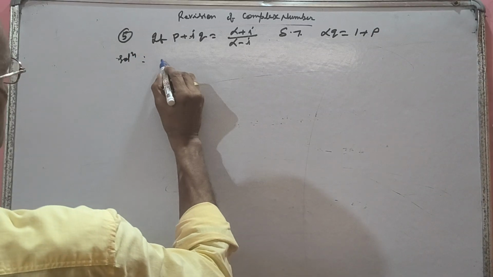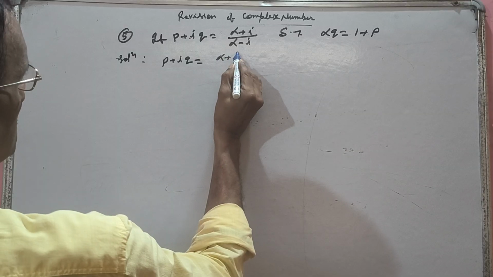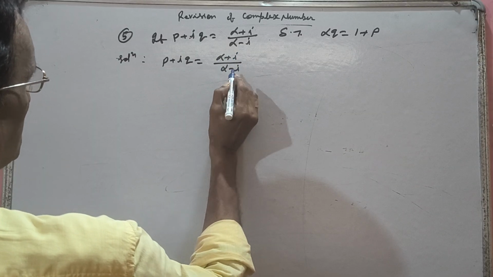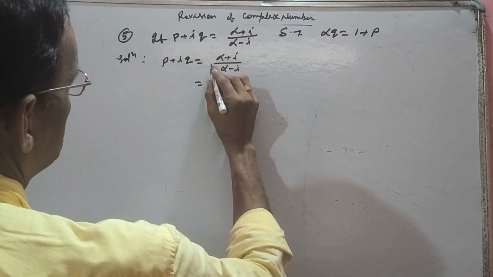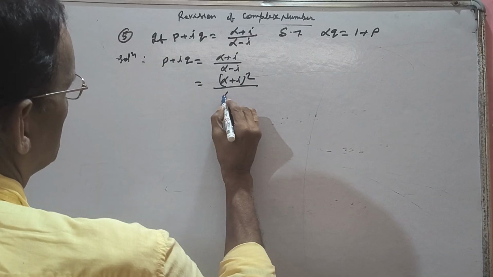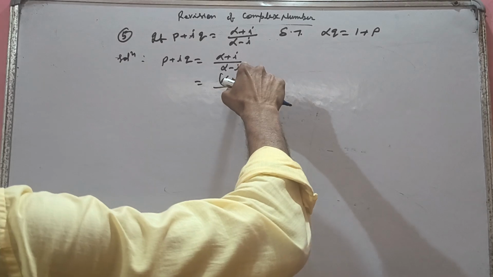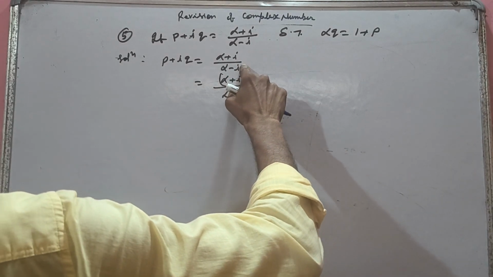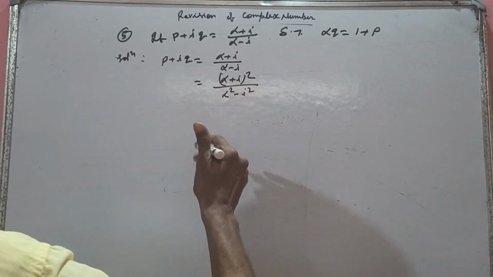What is given? P plus iQ equals (alpha plus i) by (alpha minus i). So just make the denominator real. Multiply both numerator and denominator by alpha plus i. Thus the numerator will be (alpha plus i) whole square, and the denominator alpha square minus i square.